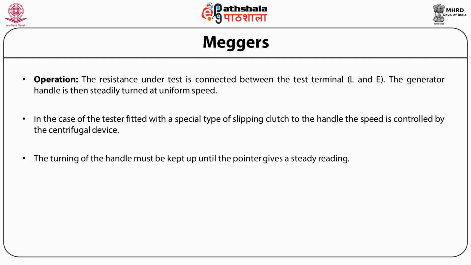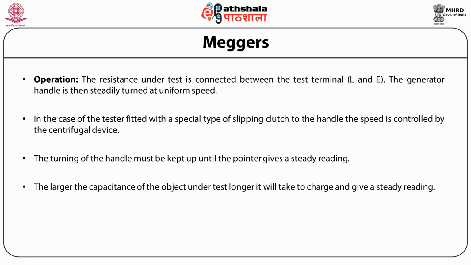The turning of the handle must be kept up until the pointer gives a steady reading. The larger the capacitance of the object under test, the longer it will take to charge and give a steady reading.